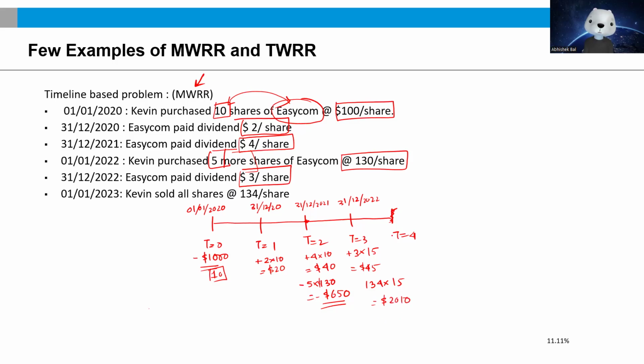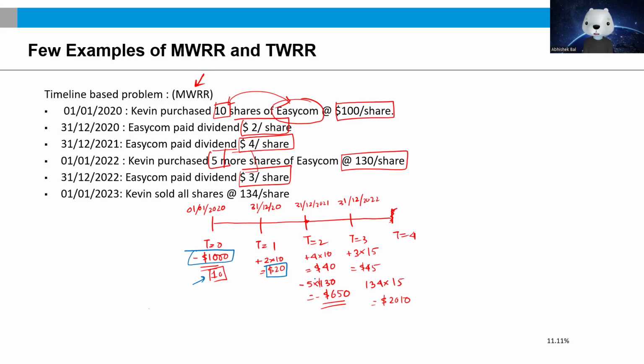Okay, so all that we have done is we have mapped the cash flow, and I'll just revise once again. At time t is equal to 0, which happens to be the 1st of January, Kevin invested about $1,000 by purchasing 10 stock of EasyCom. A year down the line, those 10 stock pay $2 a dividend, resulting in a cash inflow of $20.